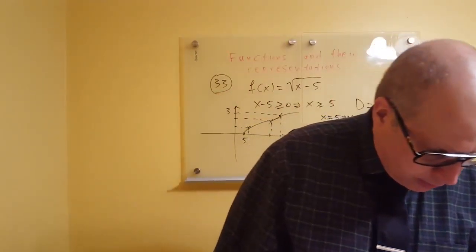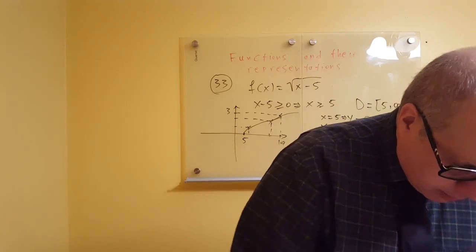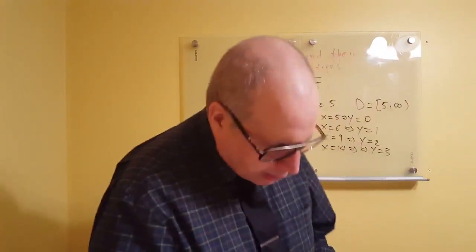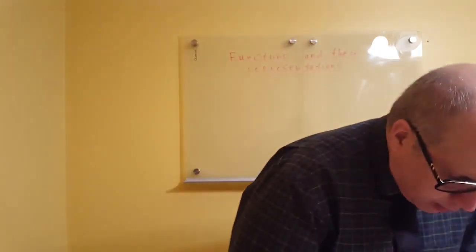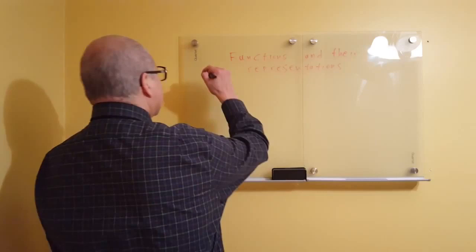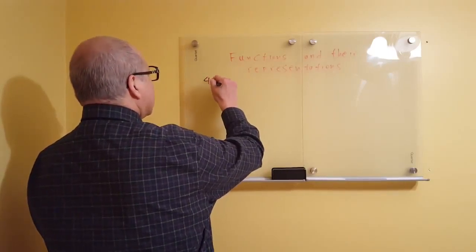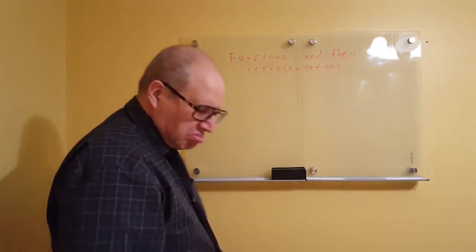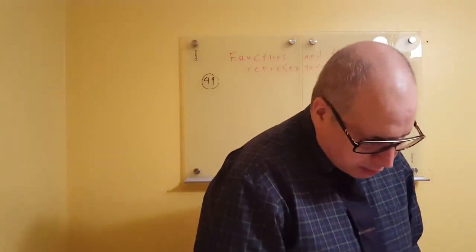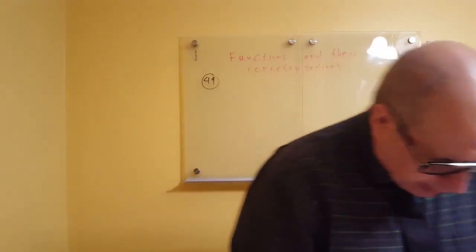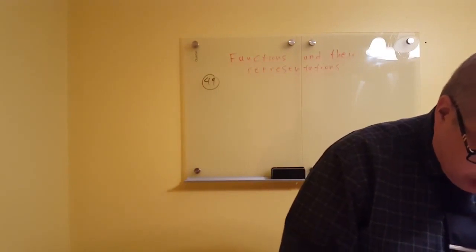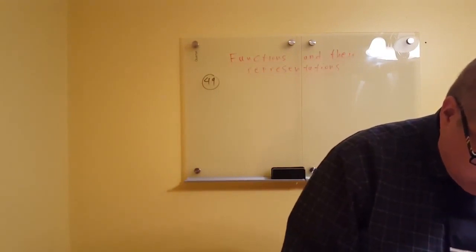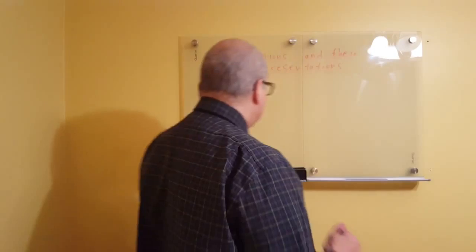Now let's do the last problem. This is problem 49. This is kind of a more difficult problem. So what we have here, we have an open rectangular box with volume of 2 cubic meters.